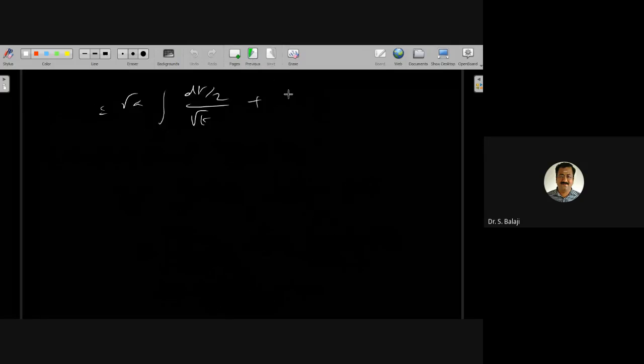And a y square by 2. Integrating t power minus 1 by 2 gives t power minus 1 by 2 plus 1, that is t power 1 by 2, divided by 1 by 2, plus a y square by 2 plus c.